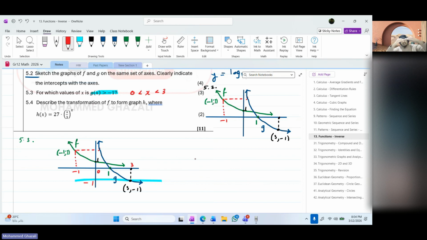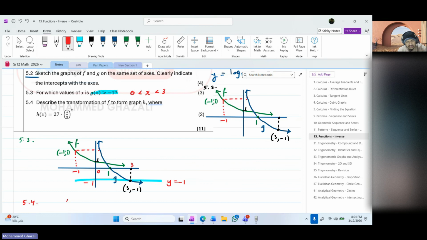You draw a horizontal line at y equals -1 and see for which values of x the graph is above -1. Between 0 and 3. Okay.